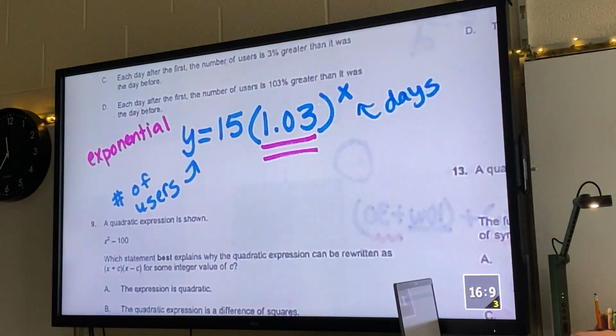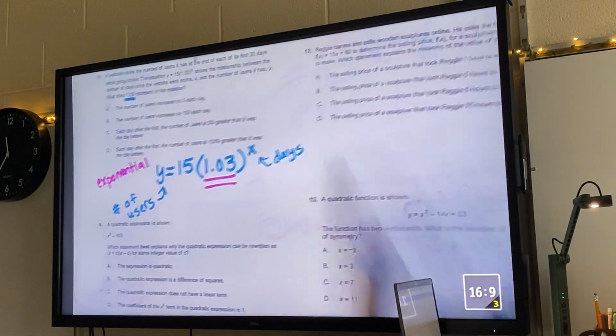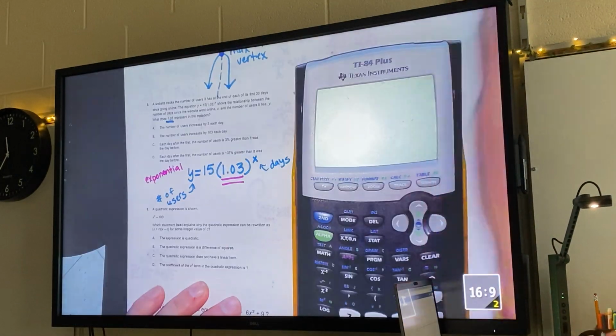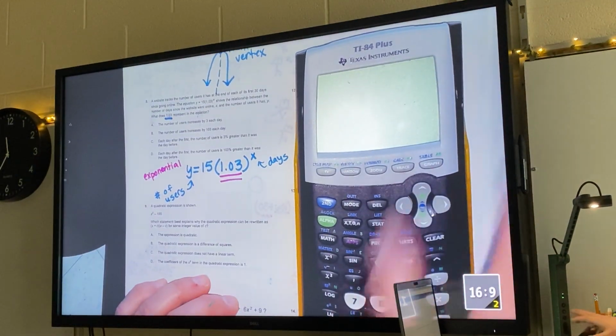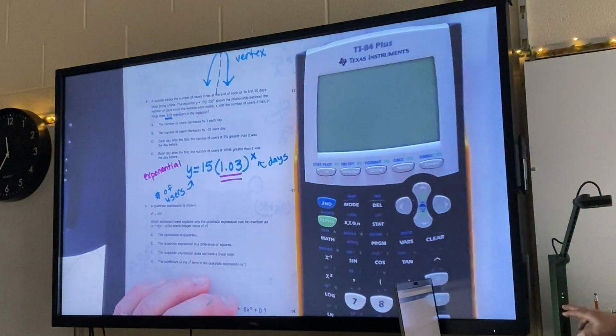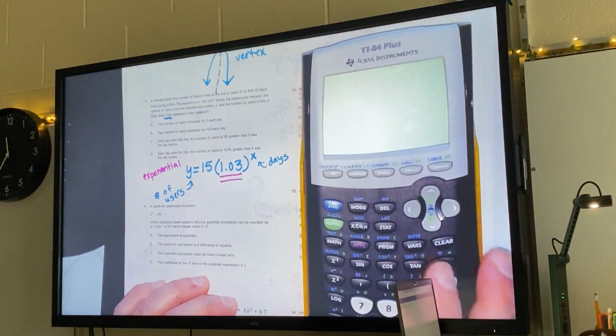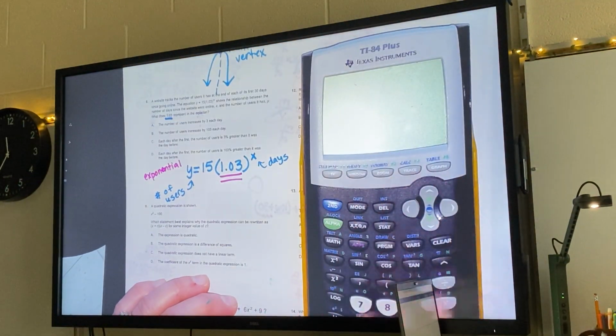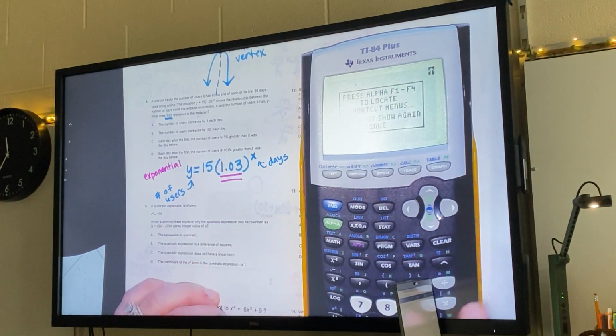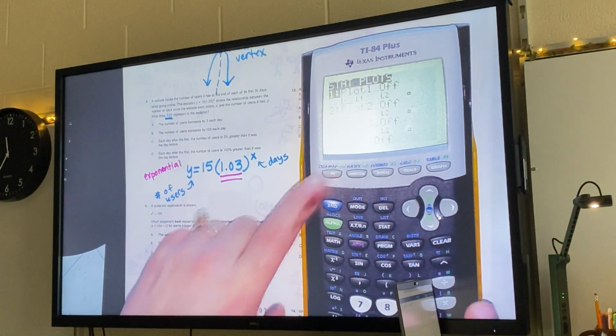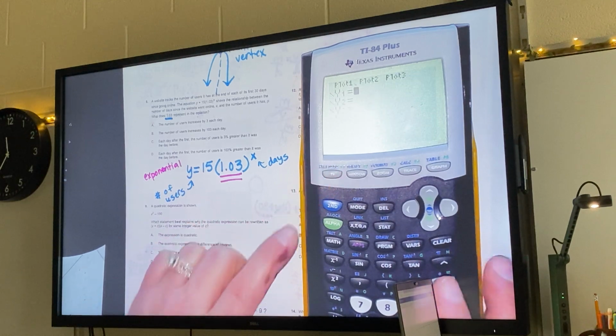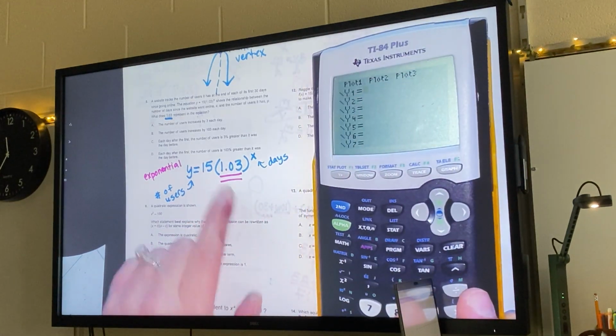Since we can, why not? So I'm going to zoom out. How do I graph this on my calculator? Press y equals. We turn it on first, then we hit y equals. Then we're going to type this equation in.